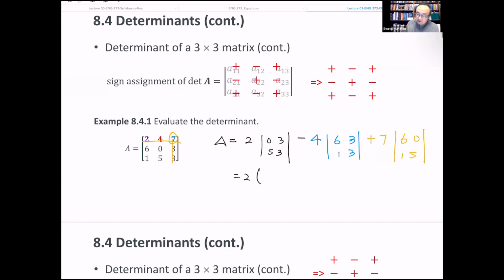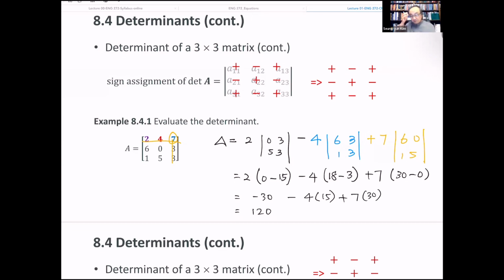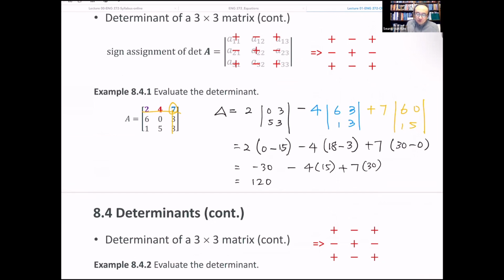Then 2 times AD minus BC, minus 4 times AD minus BC, plus 7 times AD minus BC. That is negative 30 minus 4 times 15 plus 7 times 30. That equals 120. Hey, Dr. Kim, you just used the first row.